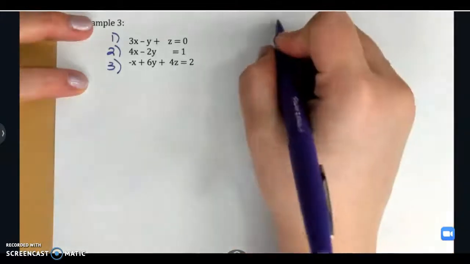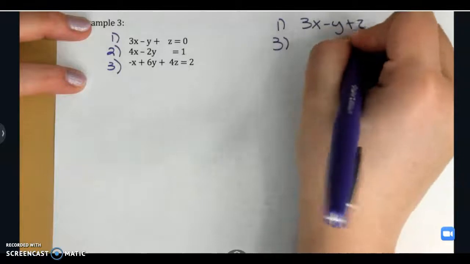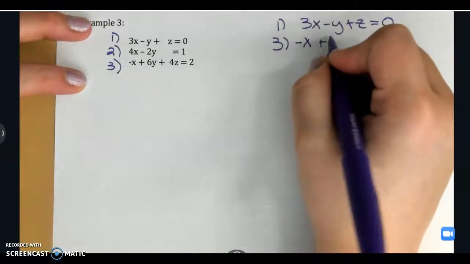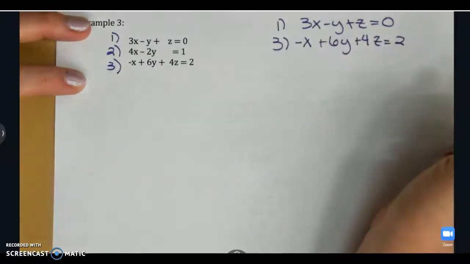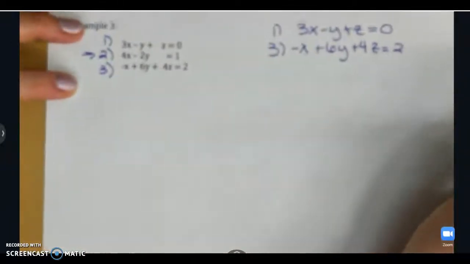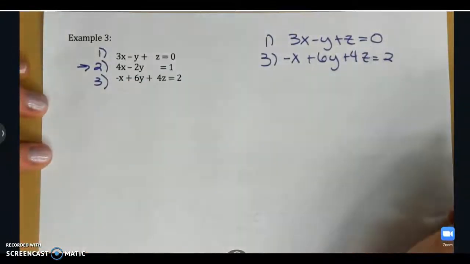So if I'm picking between equation 1 and equation 3, I want to cancel my z values so that I can get it down to 2 variables and just have 2 equations with 2 variables, where 2 is one of my equations already. So on 1 and 3, I have z and 4z.